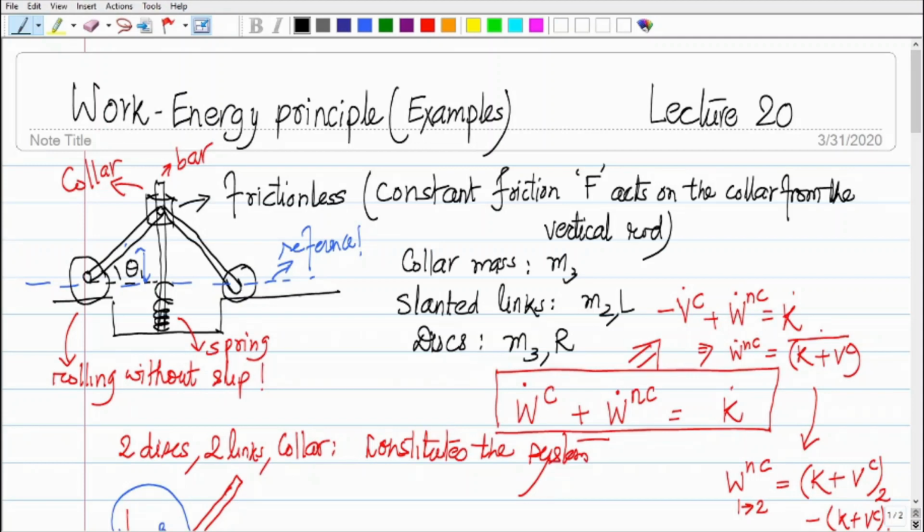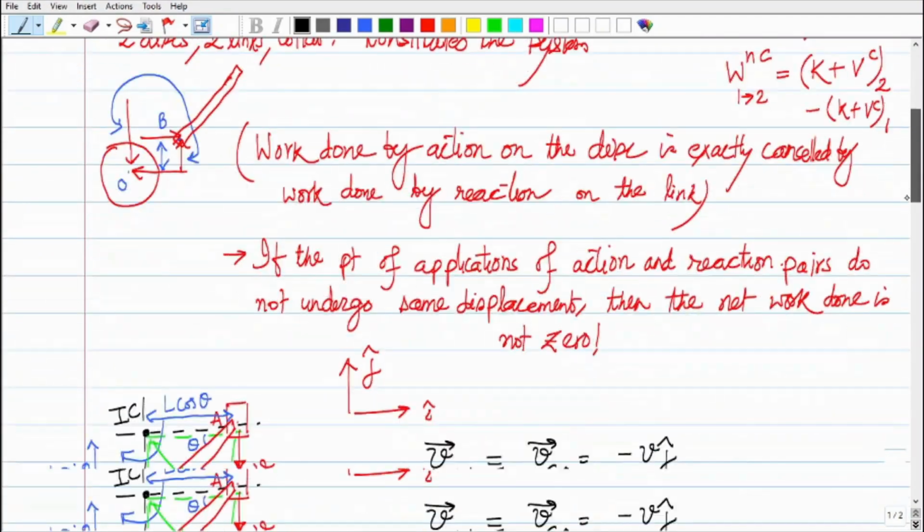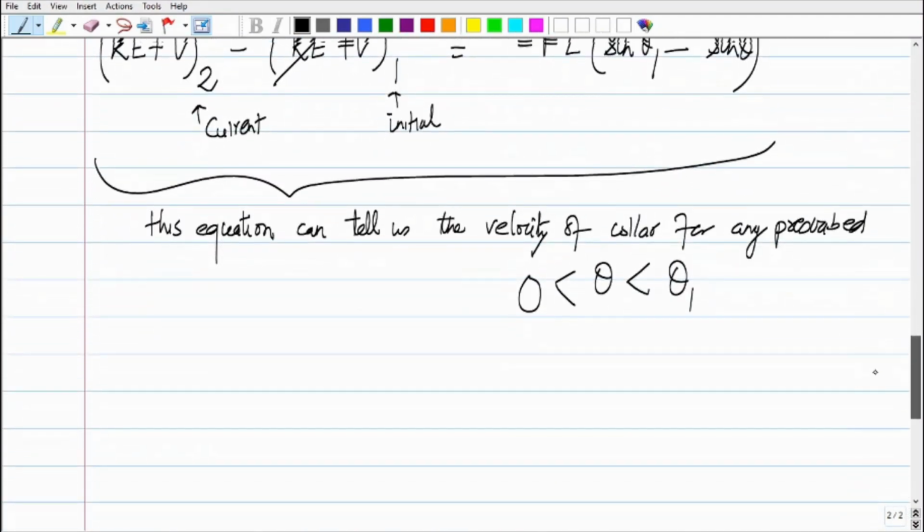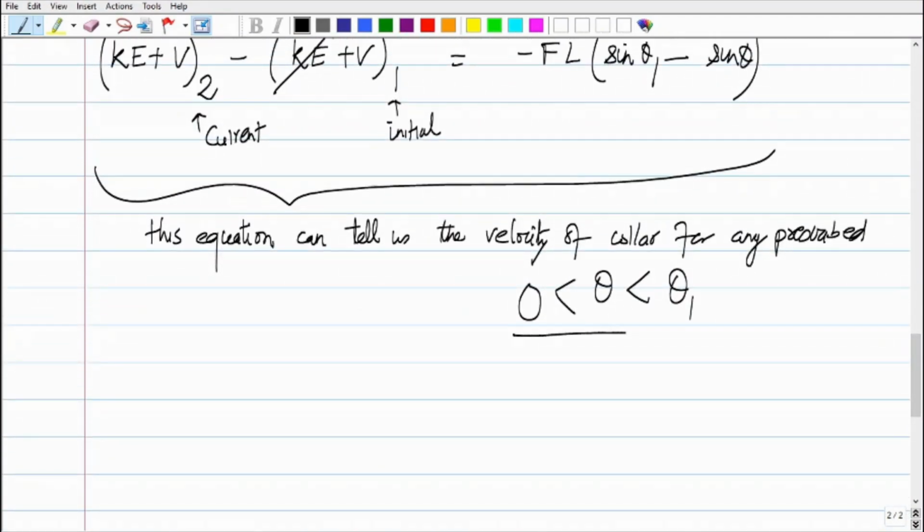So when theta becomes less than 0, we have an extra external force from the spring, which is also going to do some work. Right? So this expression therefore only holds when theta is greater than 0.